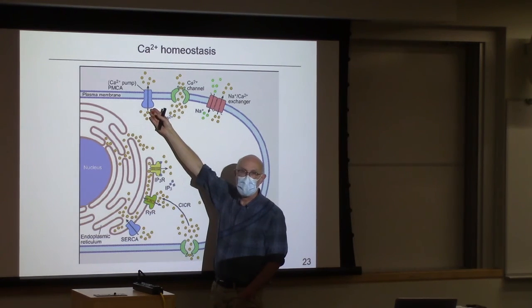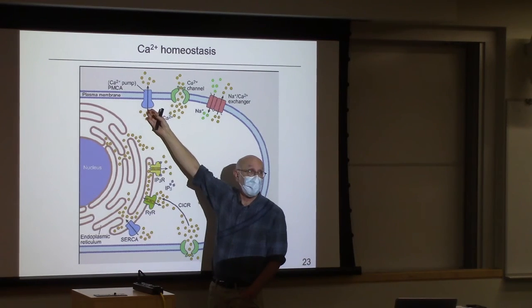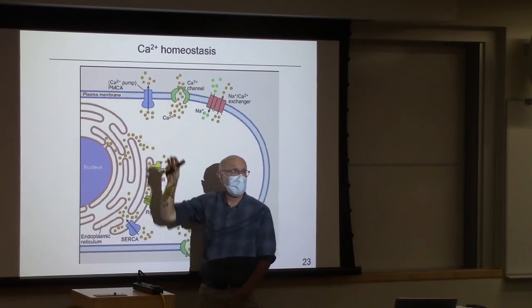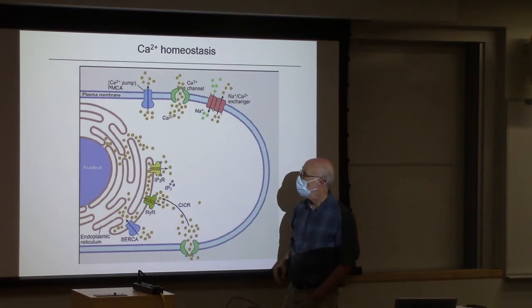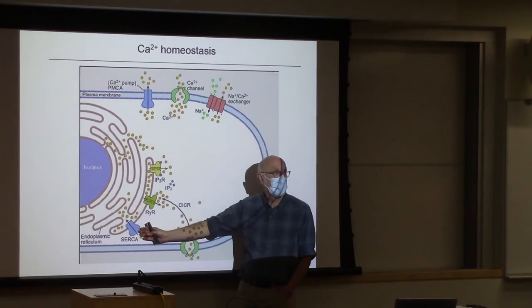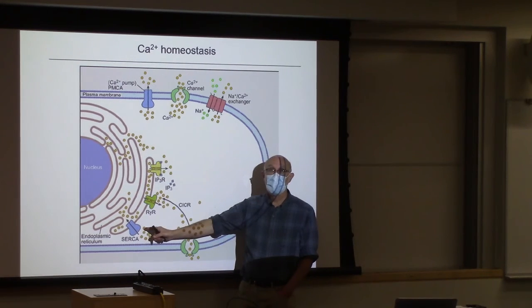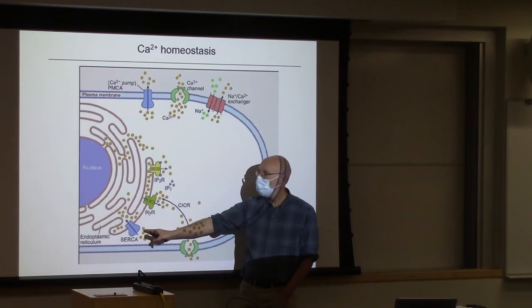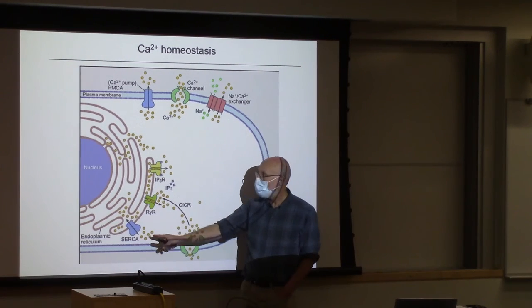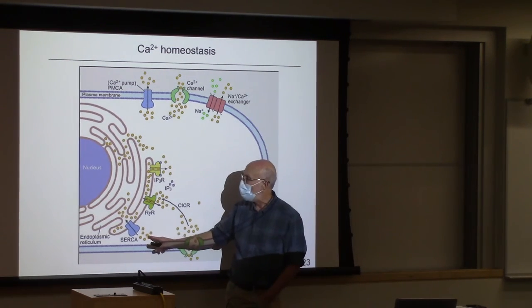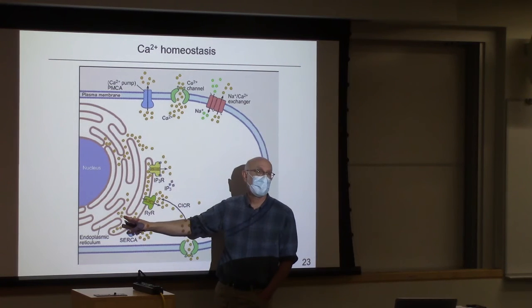Plasma membrane calcium ATPase: primary active transport that pumps calcium out of the cytoplasm, out of the cell. SERCA: primary active transport that pumps calcium from the cytoplasm into the sarcoplasmic or endoplasmic reticulum.